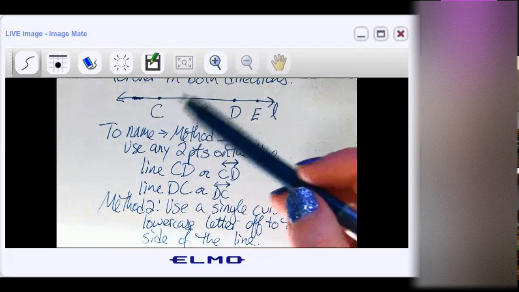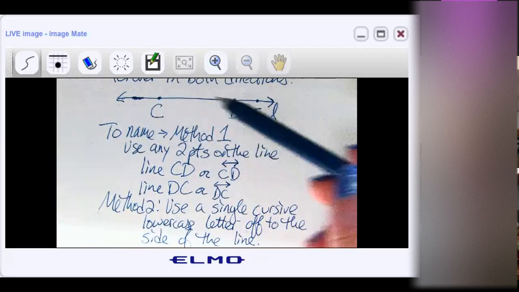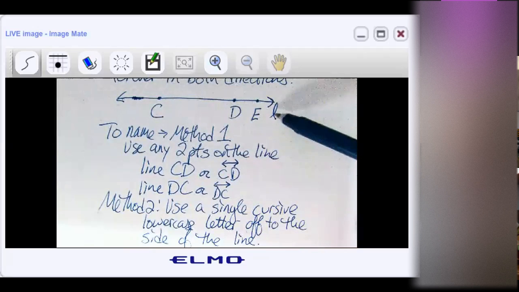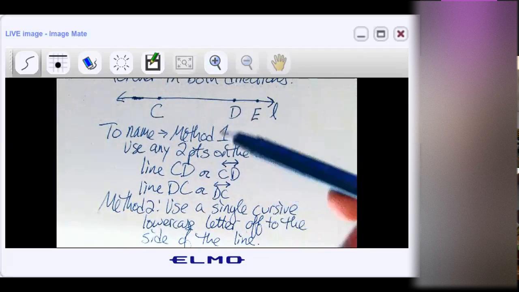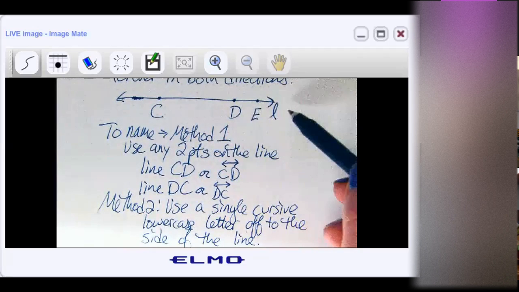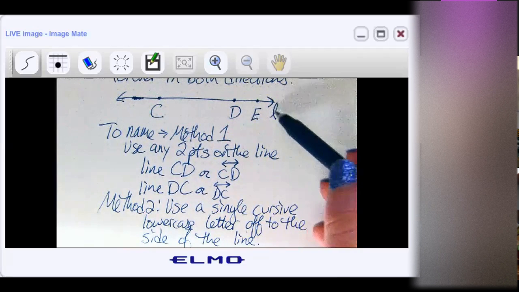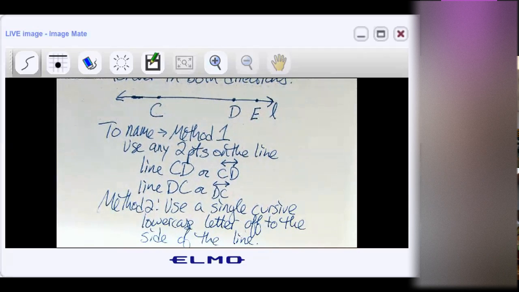I could call it CD, CE, ED, EC, or I could call it line L. What I can't do is call it line CL, for example, because L is not a point on this line. This is being used to name the line. I hope that kind of makes sense. But I can use it to name the whole thing.